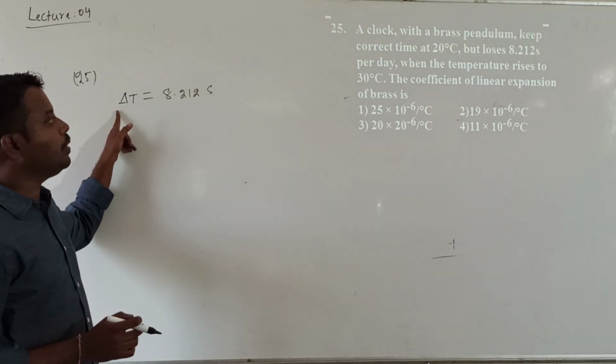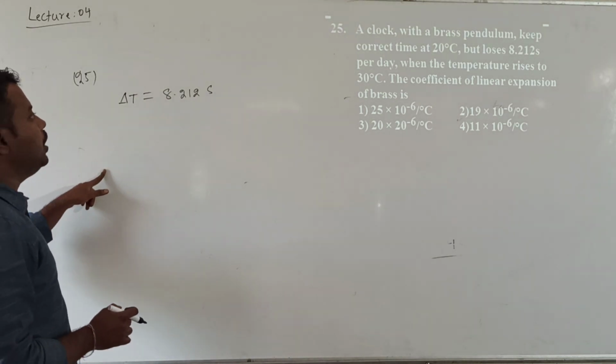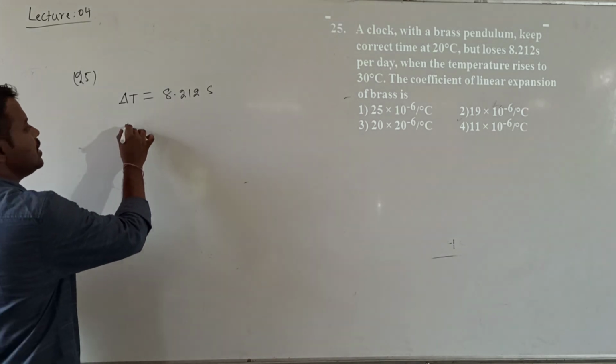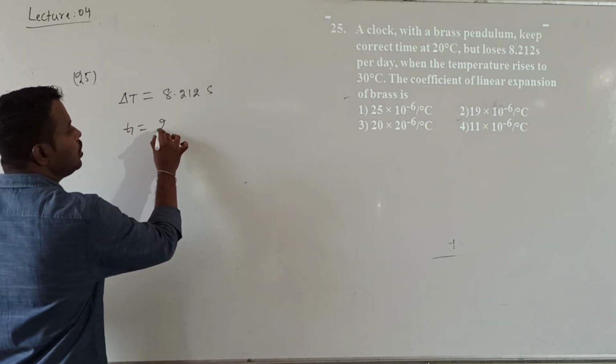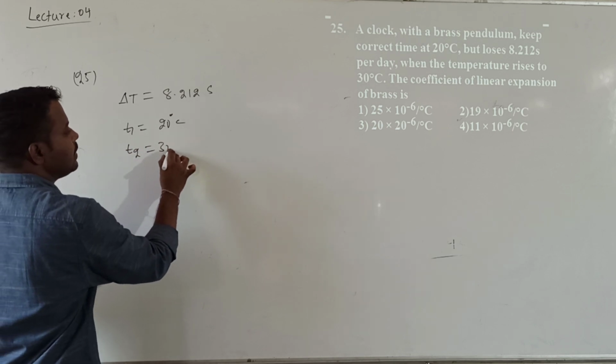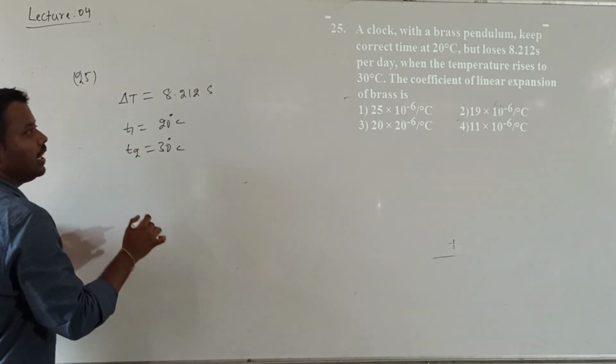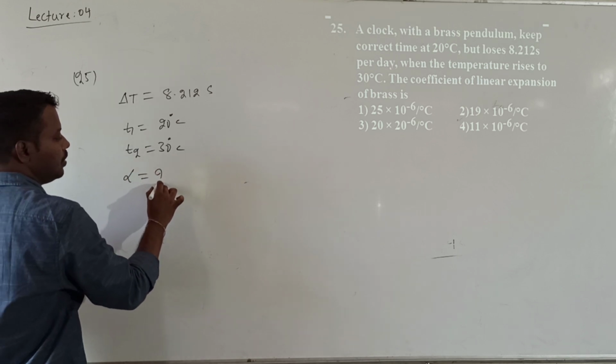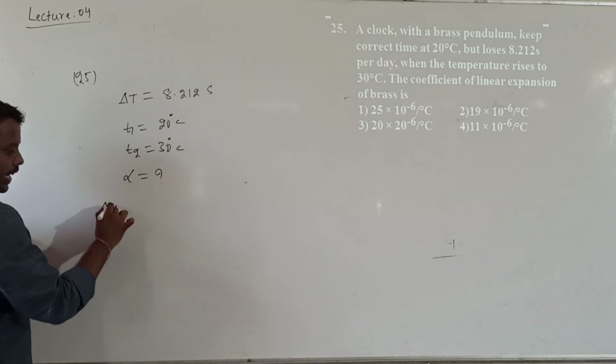So what is the loss of time given as delta T? 8.212. The initial temperature is given as T1 equal to 20 degrees Celsius and final temperature as 30 degrees Celsius. They are asking us to calculate what is the alpha value. What is the formula for delta T?